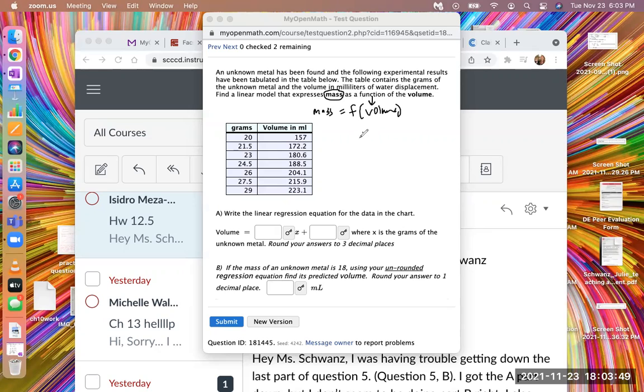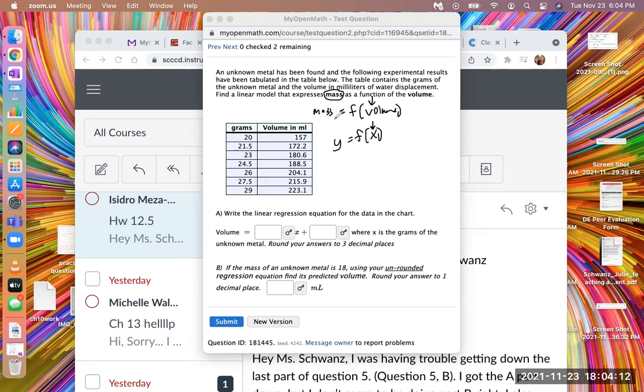Usually the function notation is f of x, where the independent variable is going in and the dependent variable is coming out.